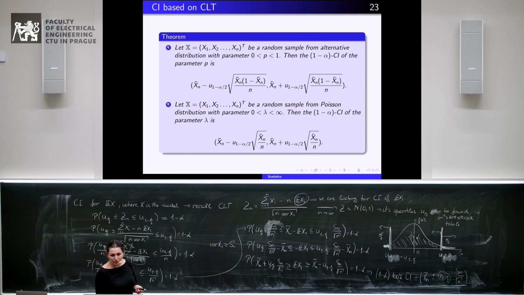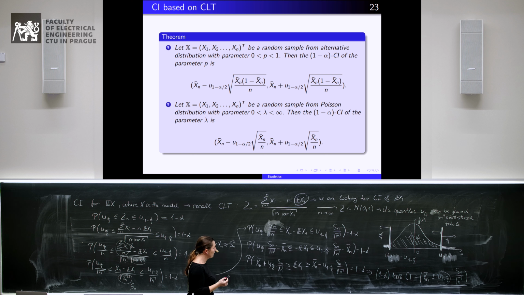The second note is that sometimes it can be difficult to calculate the sample variance, so it means its square root, the sample deviation. So for some special cases, we can replace this sample deviation by some function of the mean.